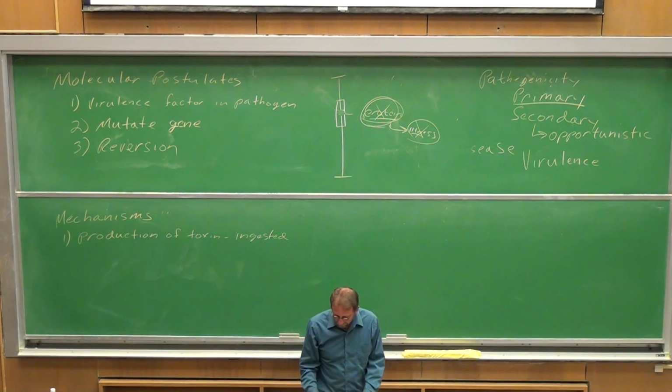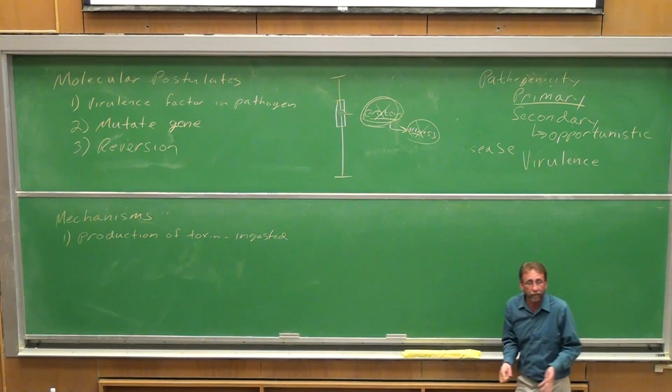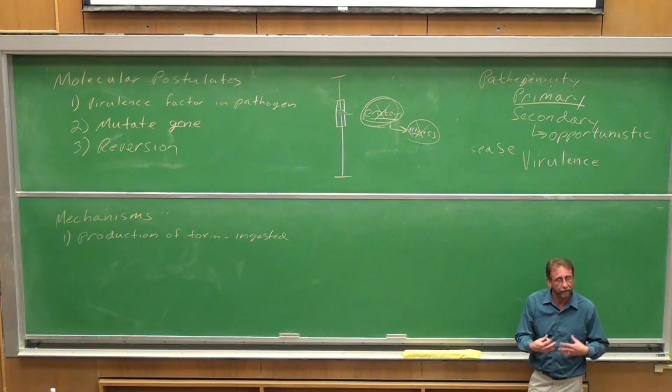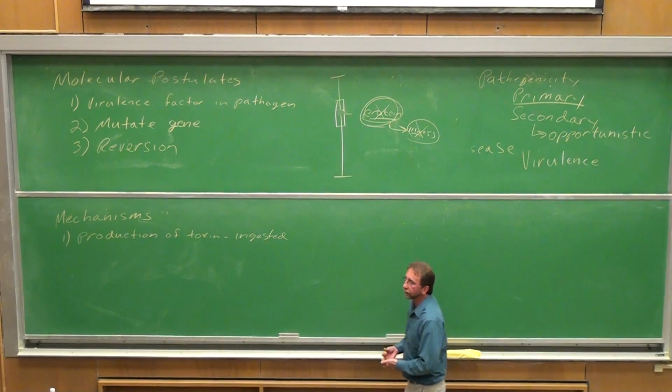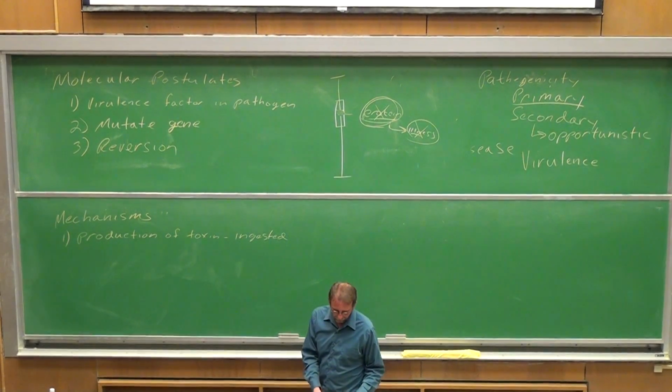Our examples of this, we've talked about Clostridium botulinum. Produces a toxin that gets ingested. Staphylococcus aureus produces a toxin, gets ingested, causes an illness.